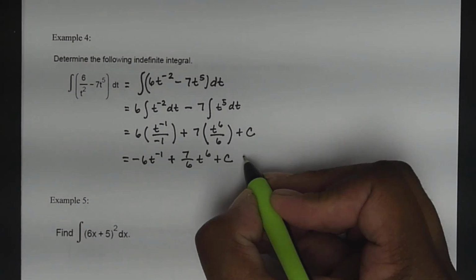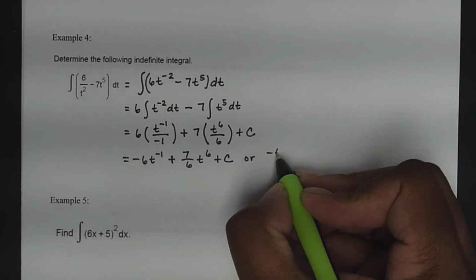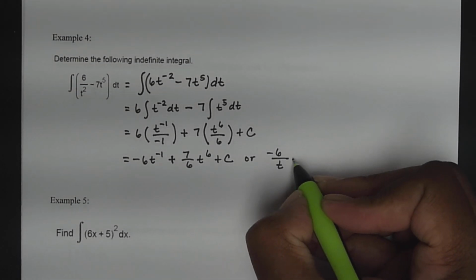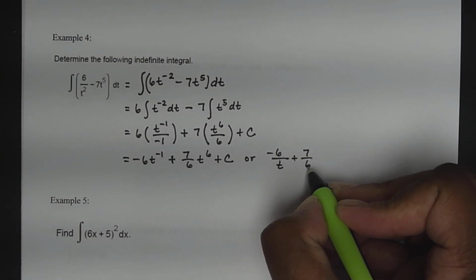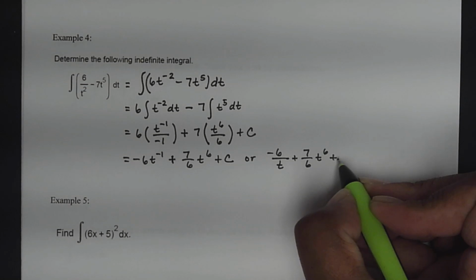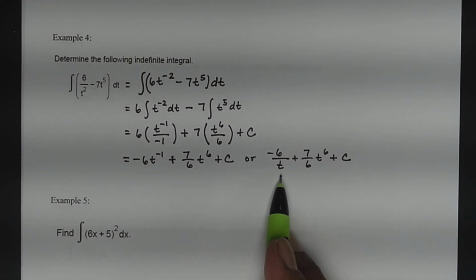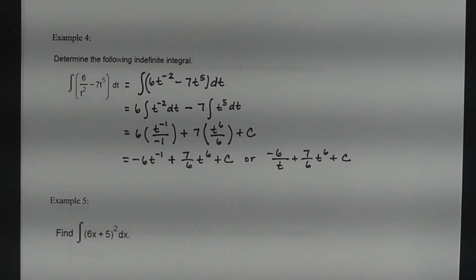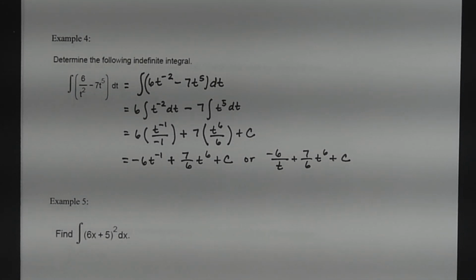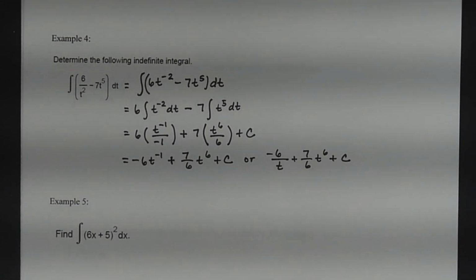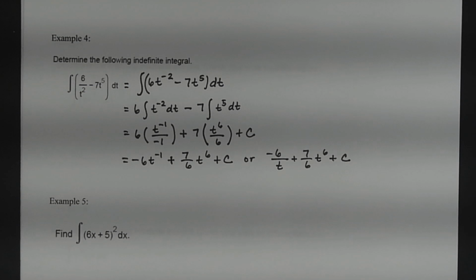And sometimes they might want this as negative 6 over t plus 7 over 6 t to the 6 plus c. That t to the negative 1 can be written as 1 over t using positive exponents. And that depends upon what your instructor wants.